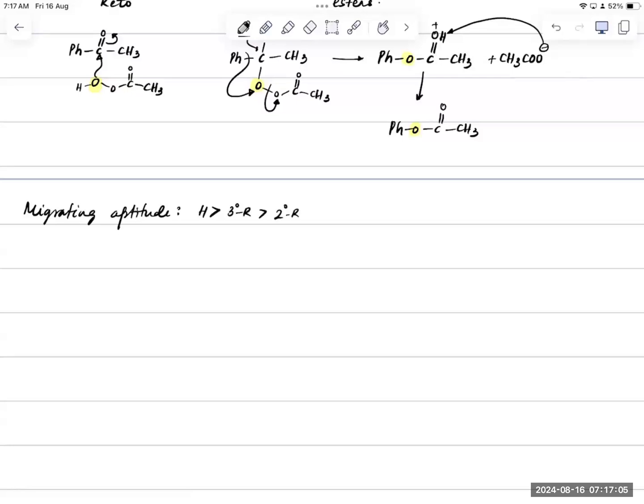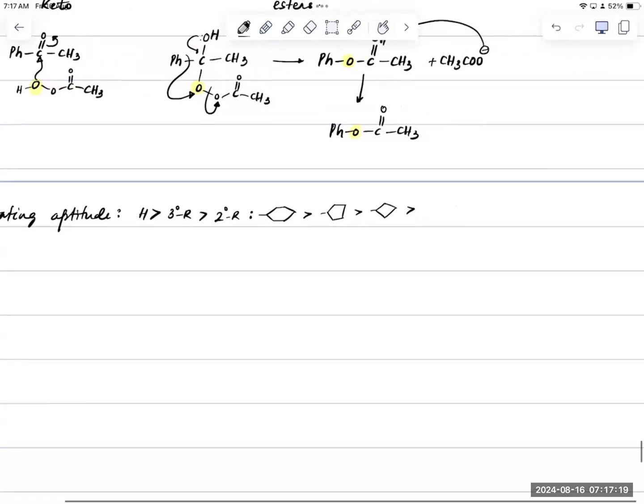2 degree R. Within 2 degree R, cyclohexyl will be more than cyclopentyl. Okay. Then this one. And after that, it comes phenyl. So phenyl has relatively lesser migrating aptitude than 2 degree, which is unlike what we see. Okay. Next, we have phenyl.